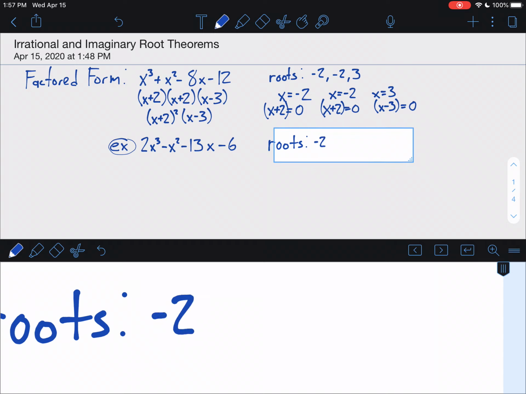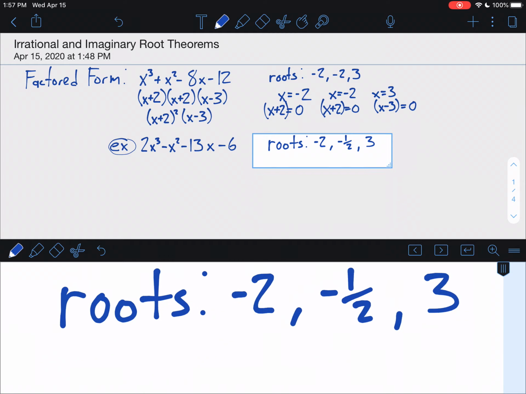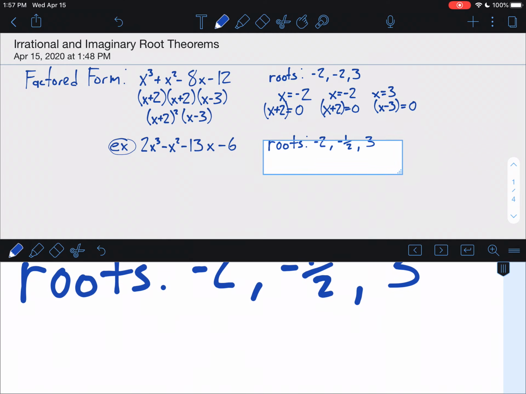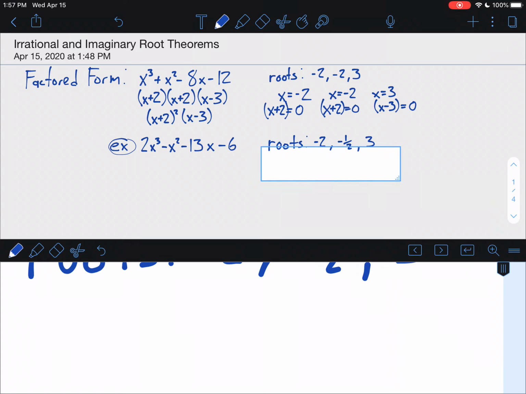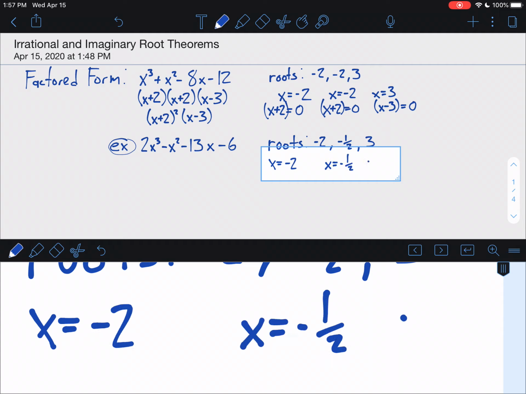So actually, two of those roots are the same as before. It's just instead of one of the negative 2's, we have a negative 1/2 instead. So we have x equals negative 2, x equals negative 1/2, and x equals 3.